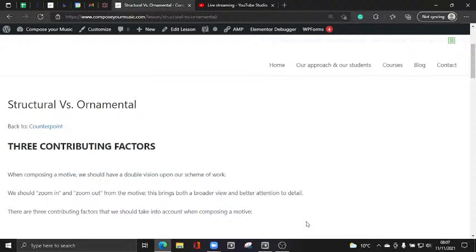Well, lately we were learning the motifs, how to build a motif, right? So, things to take into account when building or composing or analyzing a motif.